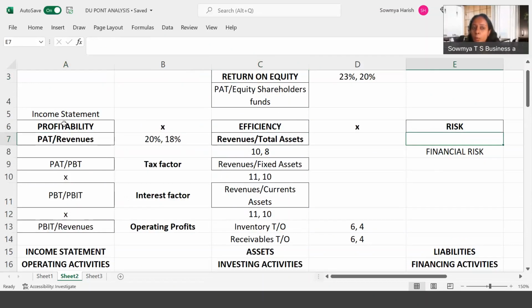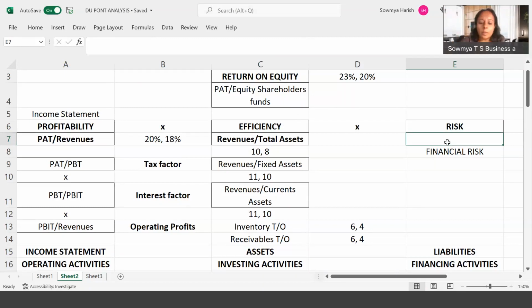So here we have learned how to measure profitability and how to measure efficiency. Now let's learn how to measure risk. We know that risk is connected to financial risk, and financial risk arises when there are borrowed funds. When there are borrowed funds, your ROE also increases. And how do we measure risk?